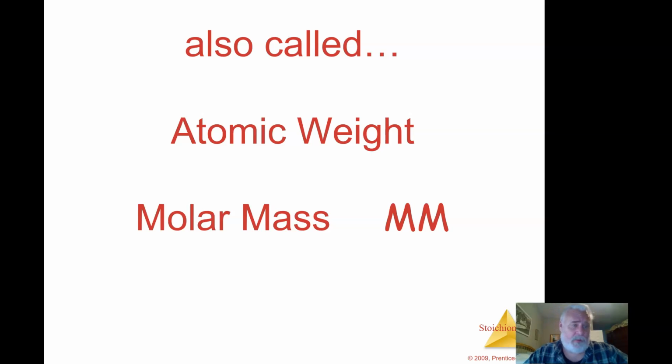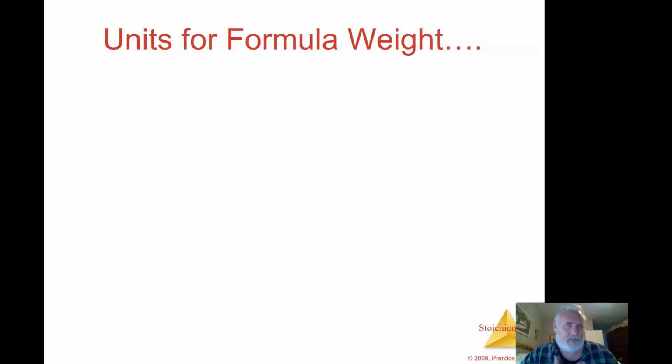A lot of times we'll talk about the molar mass, which is abbreviated with two kind of fancy capital M's. We're not super picky about distinguishing between these, but you just want to be able to recognize those different terms as being the same thing that we're calculating.